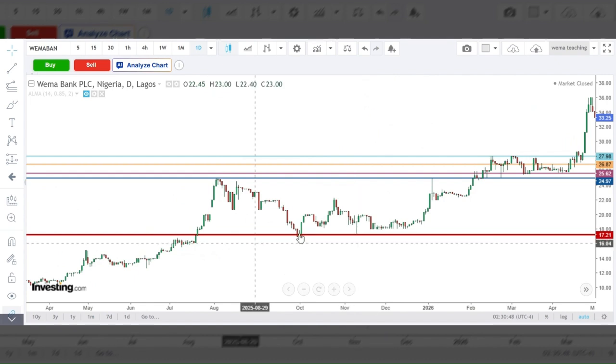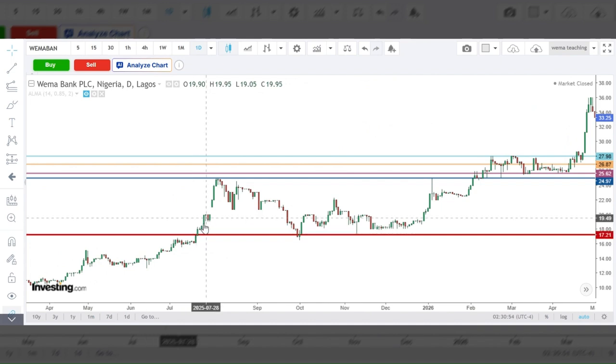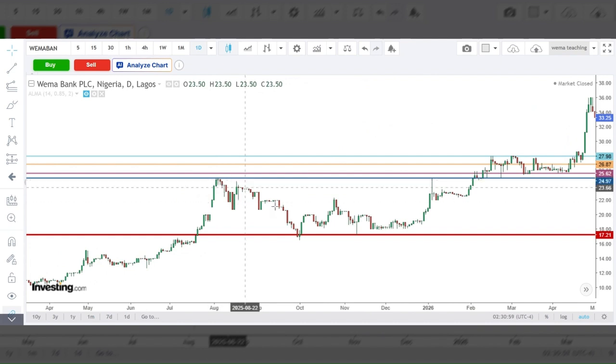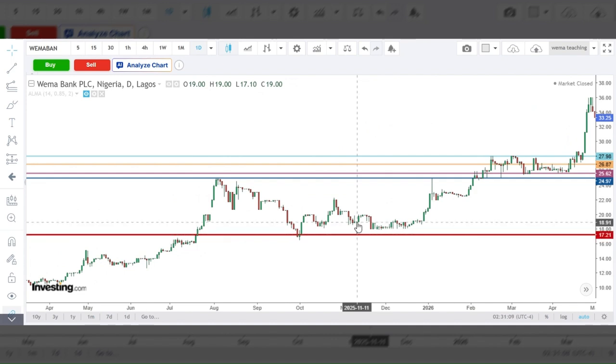This is a support level. The price broke out here, and this now acts as a support level, and then it resisted here and came down. Then it came on this rebound trend, came here, supported again, and then instead of going down to resist, buyers pushed the market up again, which ended in a doji candlestick pattern.